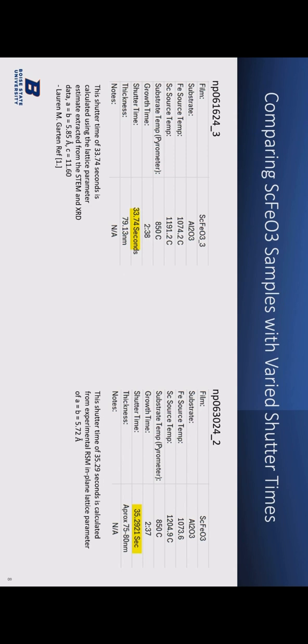And these are not arbitrary values. They were selected by STEM and XRD data from a paper I referenced earlier, Lauren Garten, and that's the in-plane lattice parameter of 5.85 angstroms. Our 35.29 seconds is calculated using an in-plane lattice parameter of 5.72 angstroms, and that's using reciprocal space mapping from experimental data.